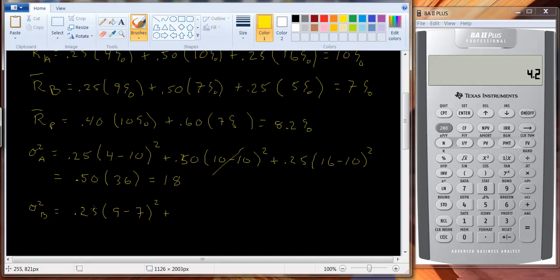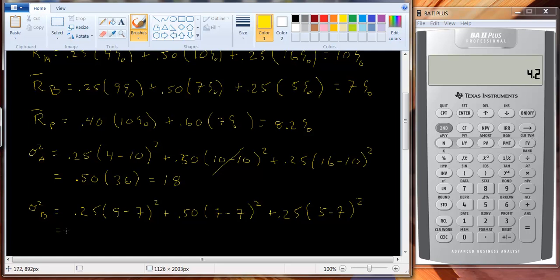It's a 25% chance that we're in a recession, and if we're in a recession, B returns 9% minus its average value, plus there's a 50% chance we have normal growth, and during normal growth it returns 7, but its average value is also 7, squared. And then in the final state of the world, the boom period, 25% chance, and it's 5 minus 7, squared.